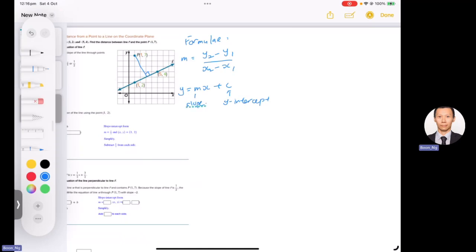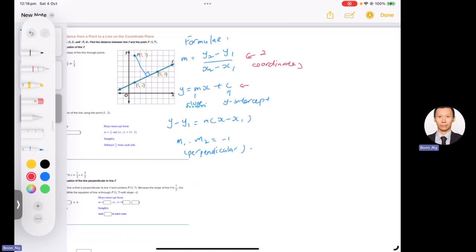Another formula that we will be using, which has not appeared previously, is y minus y1 equals m times x minus x1. We will also be using m1 times m2 equals -1, because this is perpendicular. We need the slope formula when we have two coordinates.